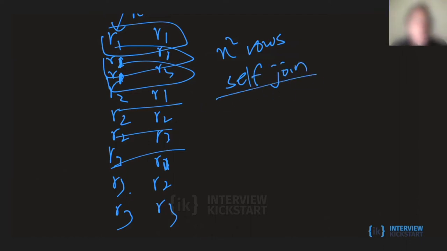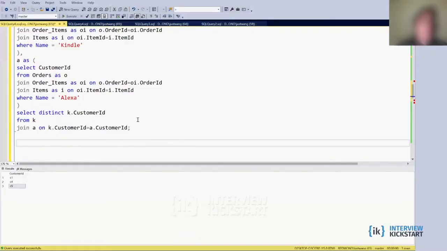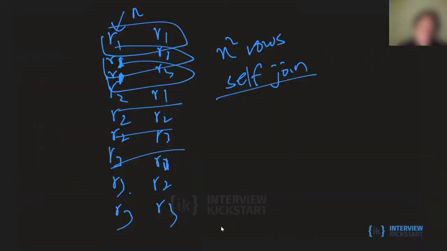Okay. Then let's do another way, which is to do a self-join. It can be a little bit tricky, but let's copy this over. Let's go back to this. The reason I want to do the self-join is that those are the items that the user purchased.